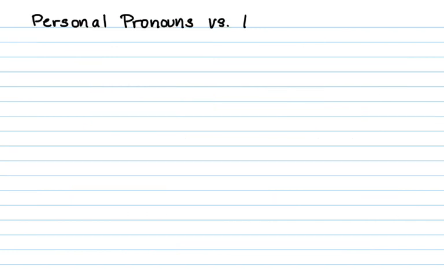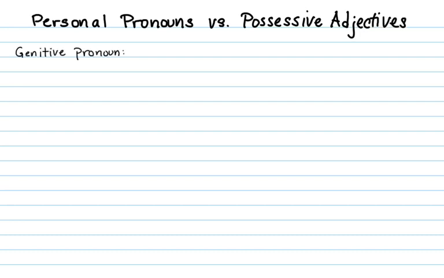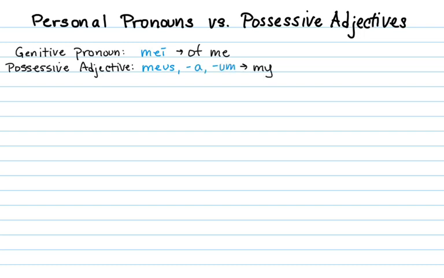So on that note, let's look at using the personal pronoun versus using the possessive adjective. There's a genitive pronoun in the first person singular, mei, of me. But instead of saying the book of me, Romans preferred to use the possessive adjective, which is meus, mea, meum, my.